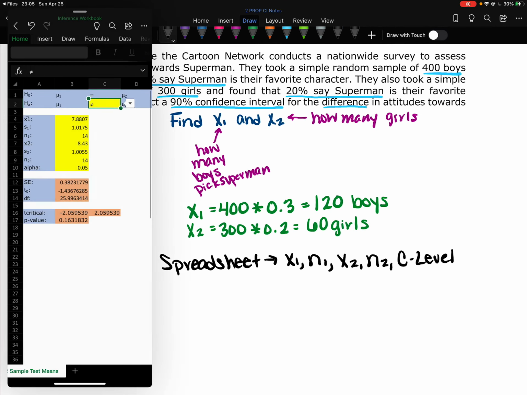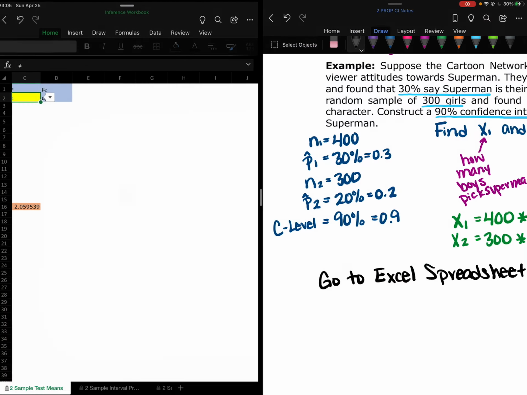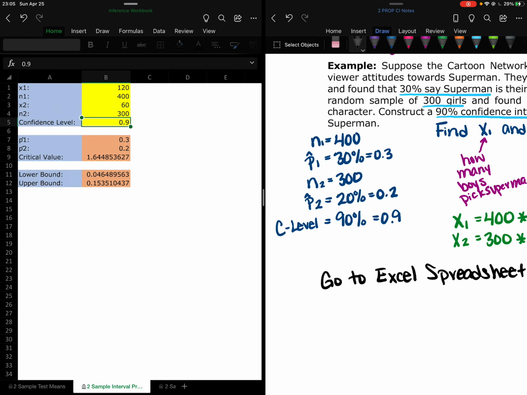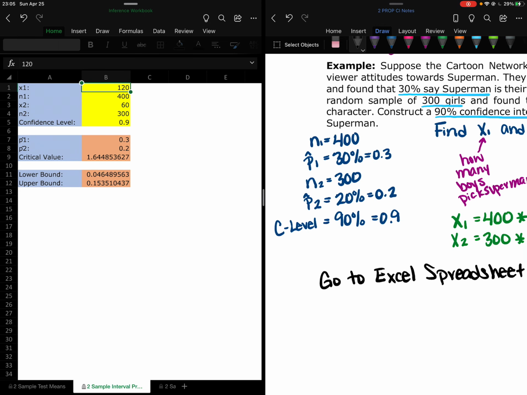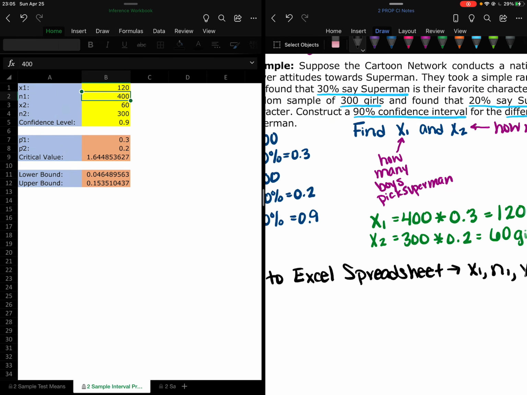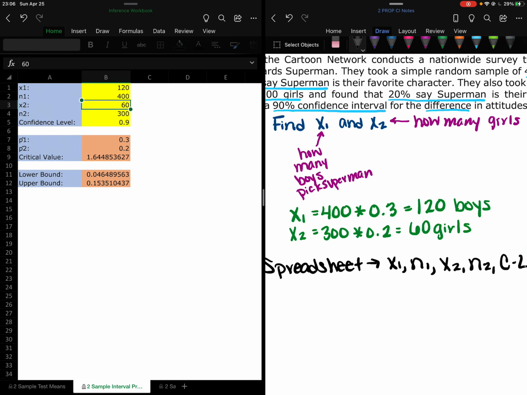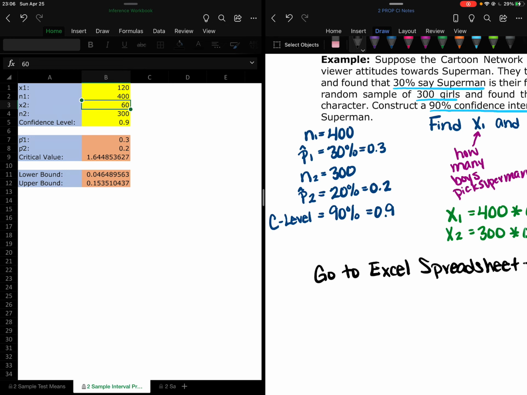So here is our Excel spreadsheet. Here is the 2 sample interval for proportions. So x1 is 120, n1 is 400, x2 is 60, n2 is 300, and our confidence level was 90%, so that's 0.9.